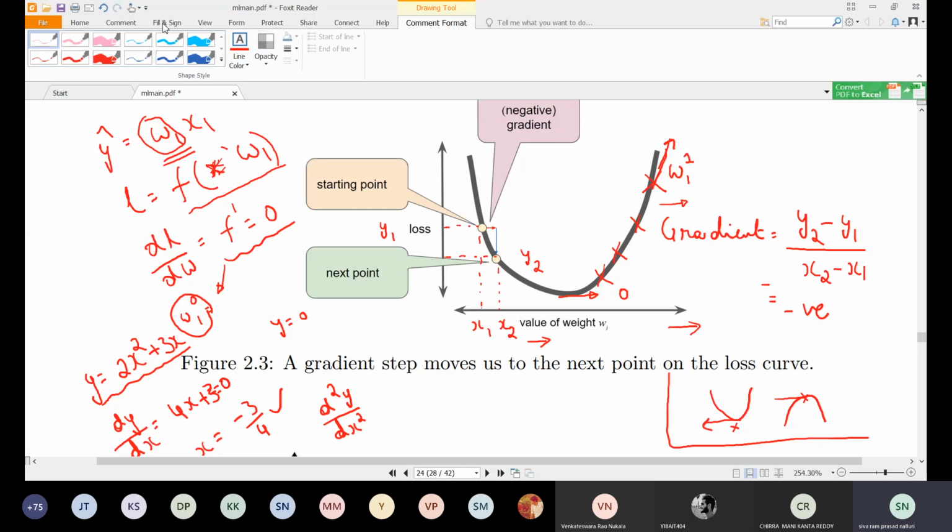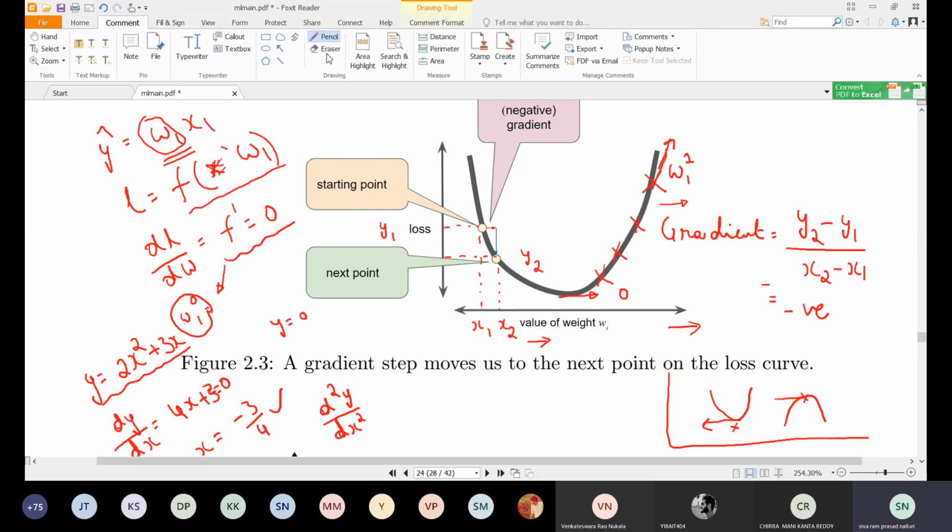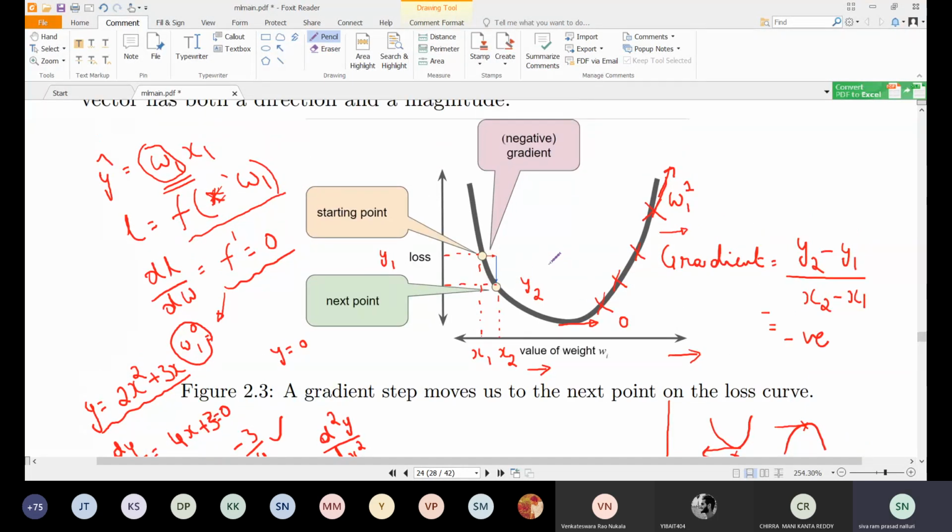Let us assume that this gradient descent algorithm will give us weights for which the loss is the minimum possible loss. Okay, any doubt here?